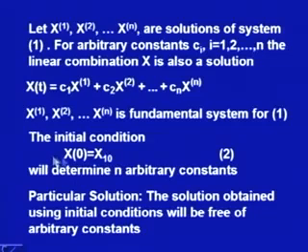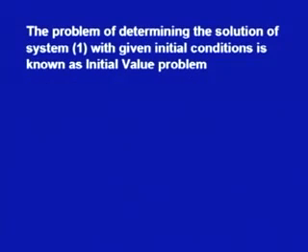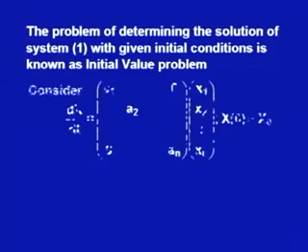These n conditions used with this will eliminate these arbitrary constants, and such a solution is called a particular solution. The problem of determining the solution of system 1 with given initial condition is known as an initial value problem.